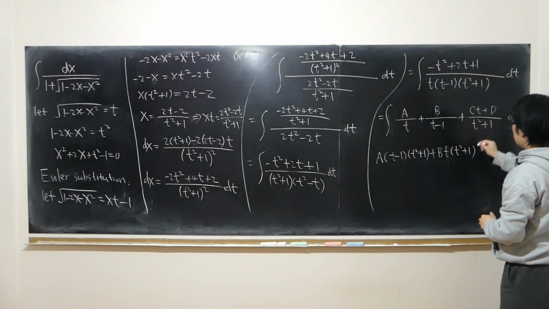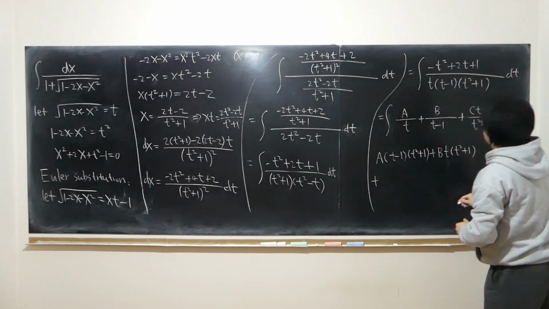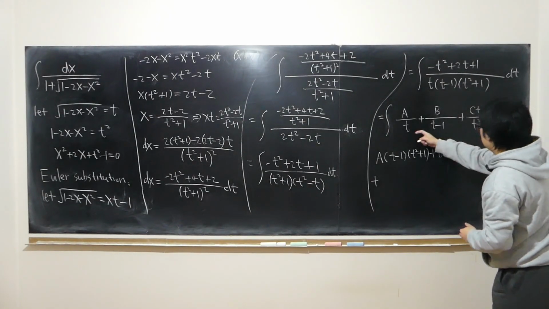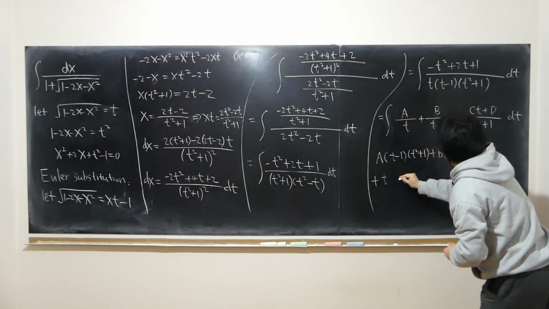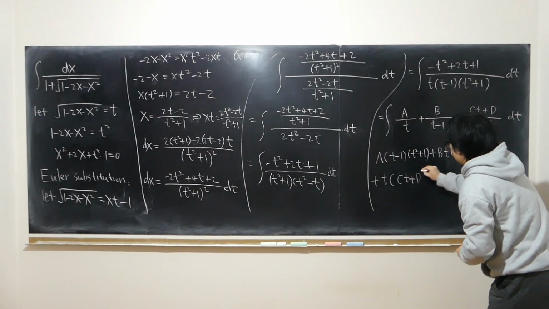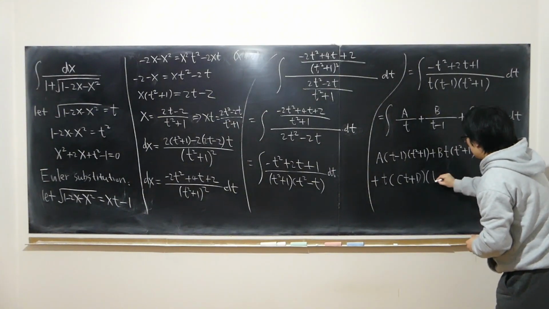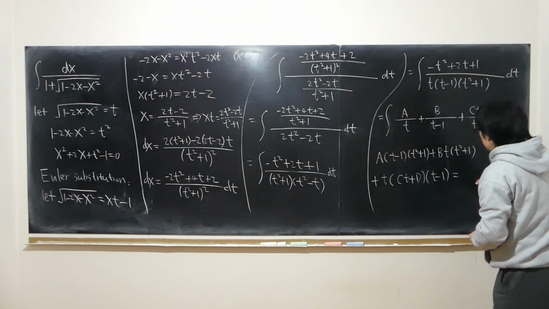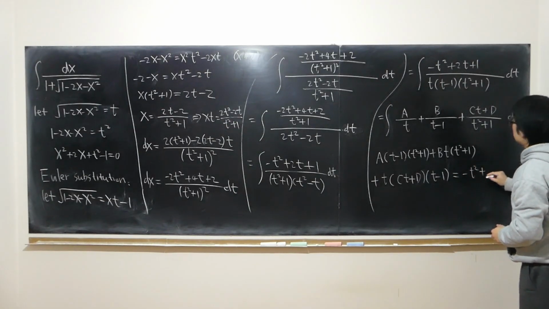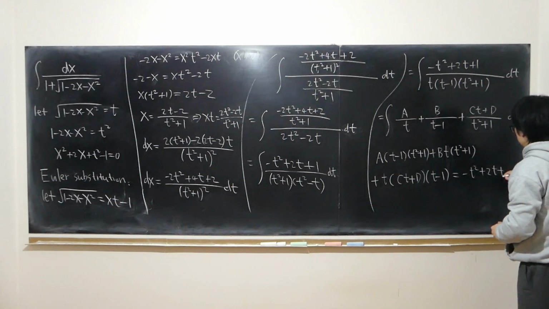Then finally, ct plus d times t times t minus 1. They should add up to this one, negative t squared plus 2t plus 1.